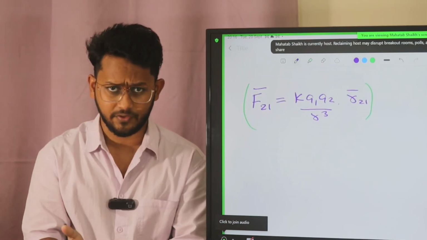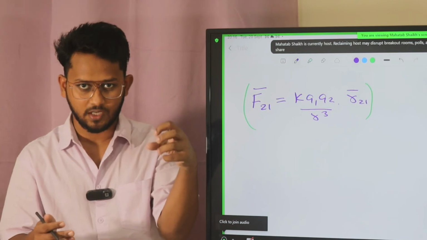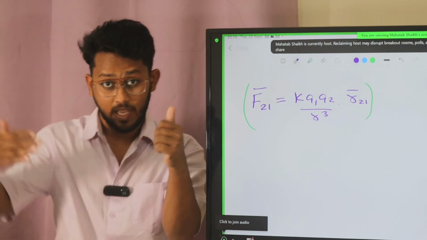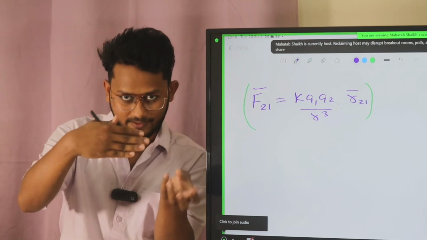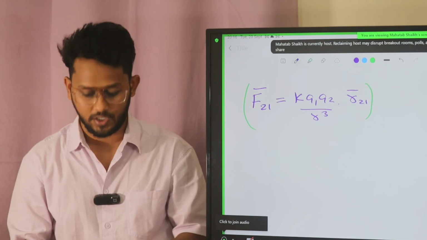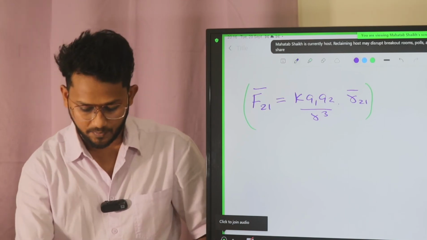Similarly, you can get the vice versa. Force on the first charge with respect to the second charge will be the same thing, but with the position of the first charge with respect to the second charge. So we will be using the principles of vectors over here for solving and calculation purposes.